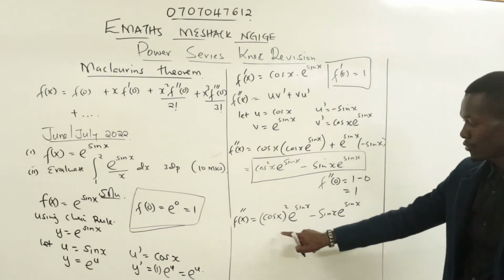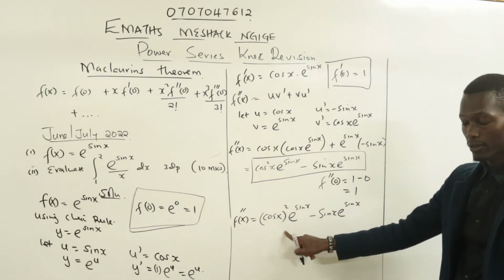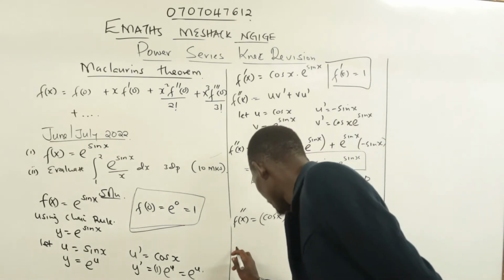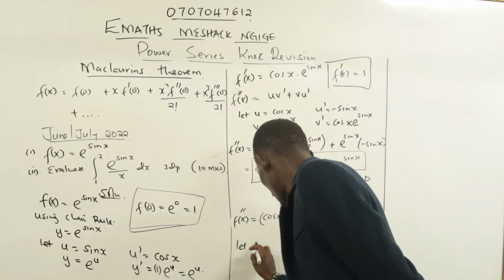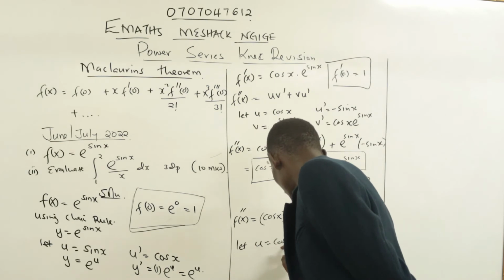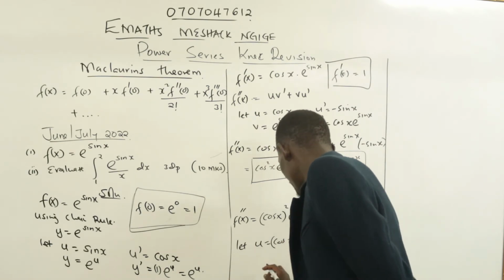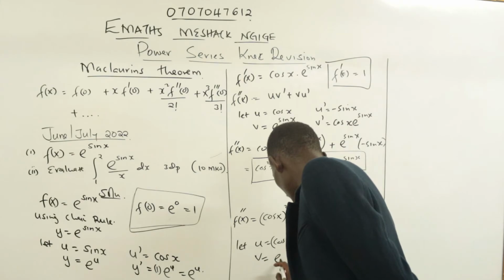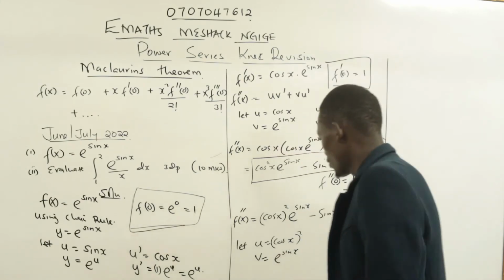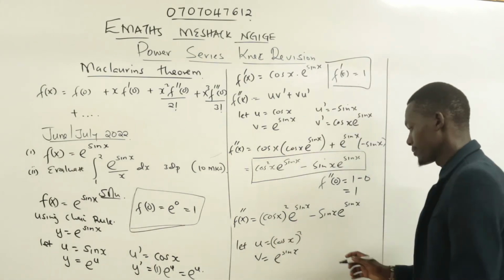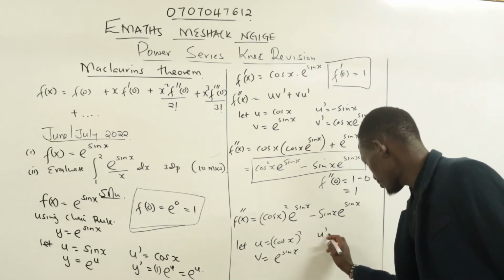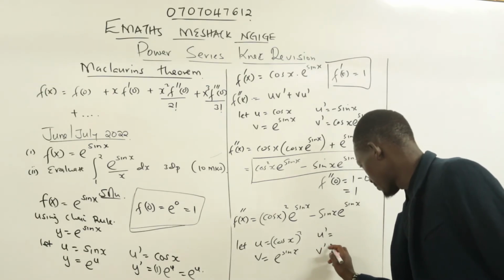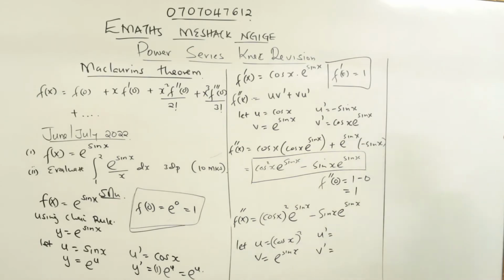Let's solve this first half together. We shall let our u be cos of x squared, and our v be given by e to the sine of x. So we are solving for this part, right? Then u prime, then v prime. Now we are using the product rule.